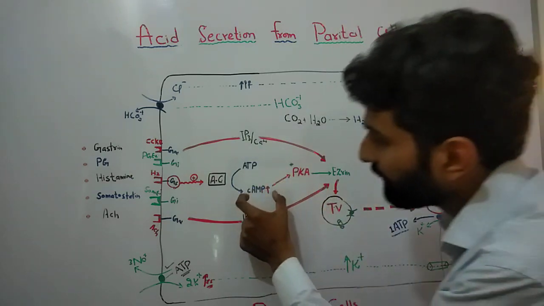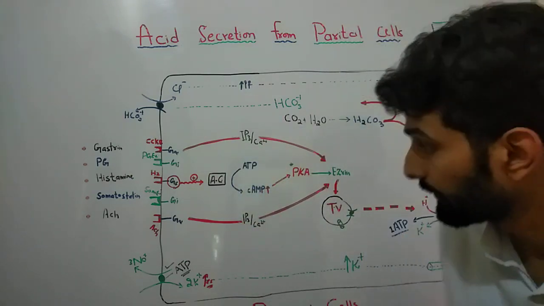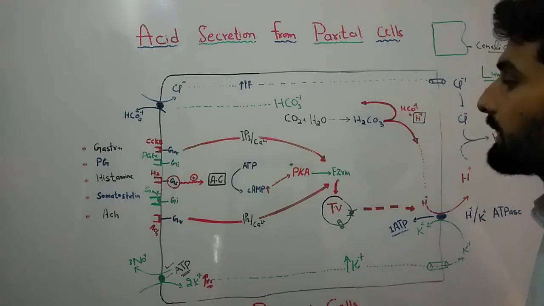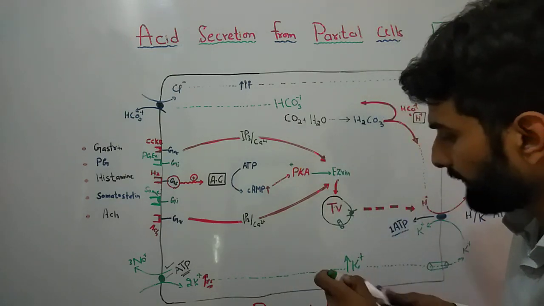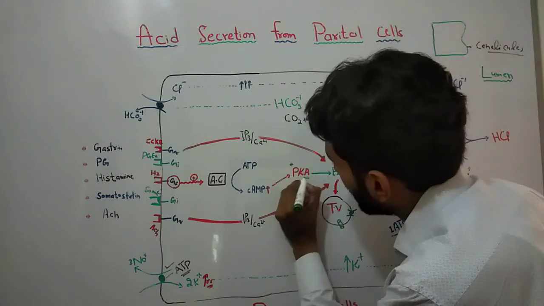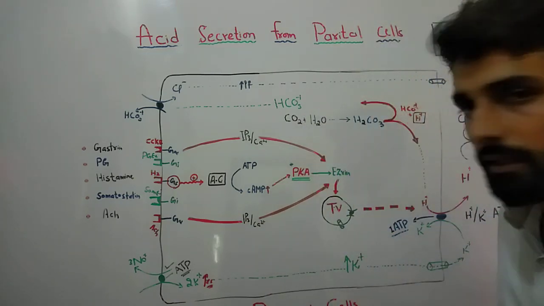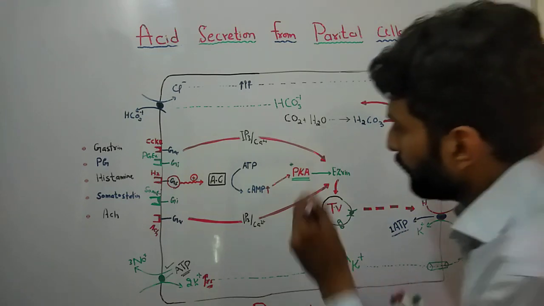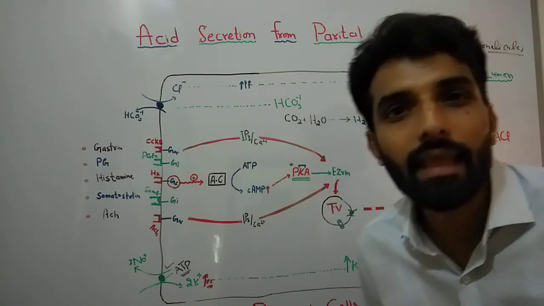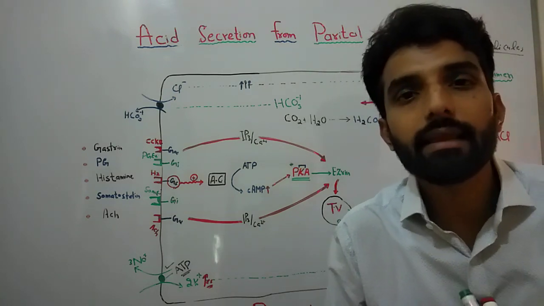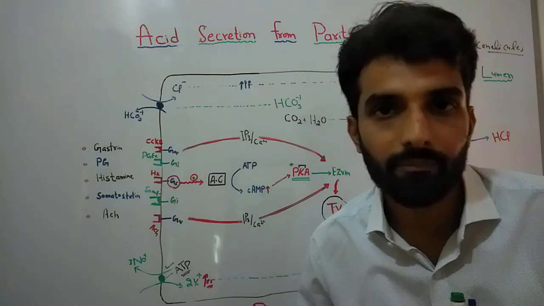When the concentration of intracellular cyclic AMP increases, it will ultimately activate another very important enzyme called protein kinase A. Now if you look at this word kinase, what is the role of kinase enzymes? Kinase enzymes are basically responsible for phosphorylation.